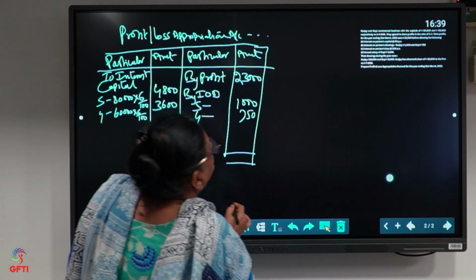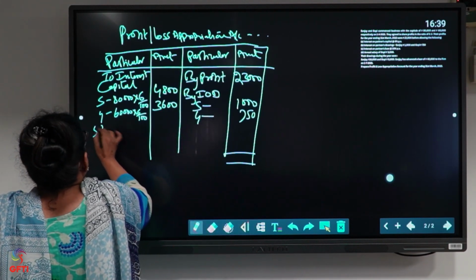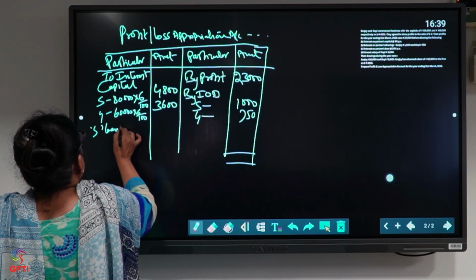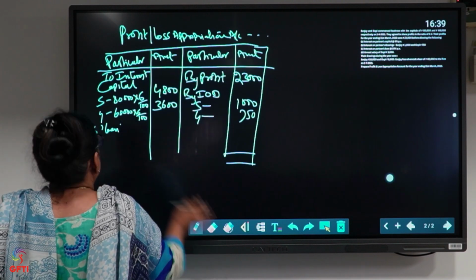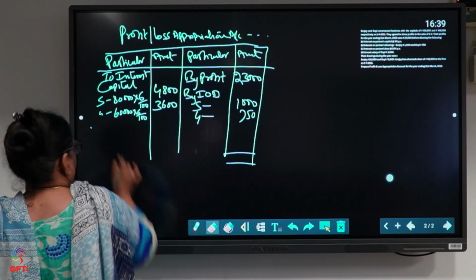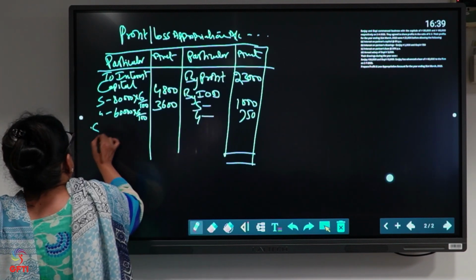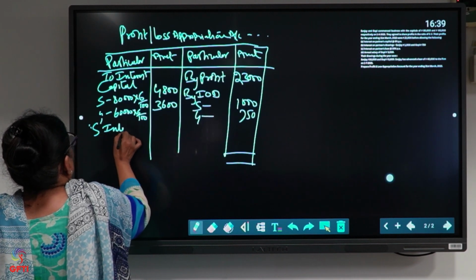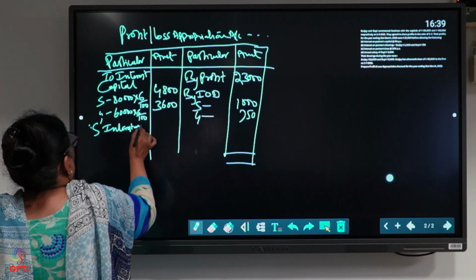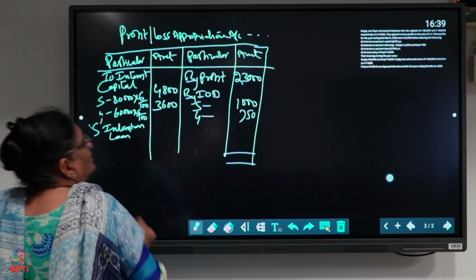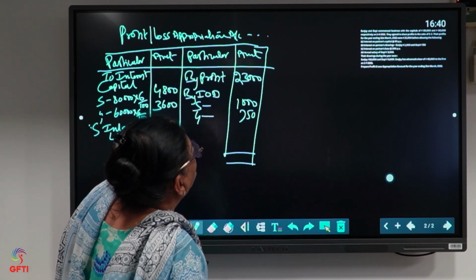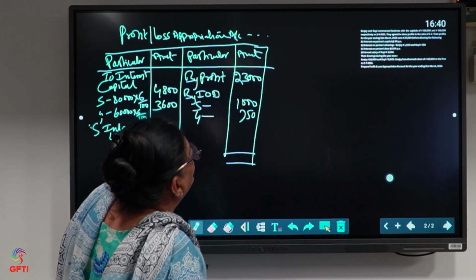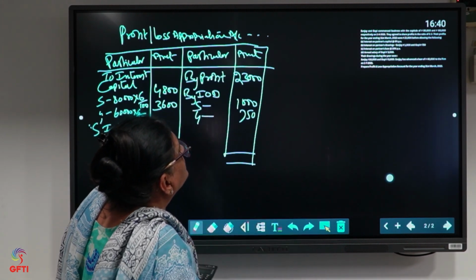Now the loan was there. Who had brought the loan? Sanjay. Yes, Sanjay's loan, so interest on loan. The actual interest on drawing was given.